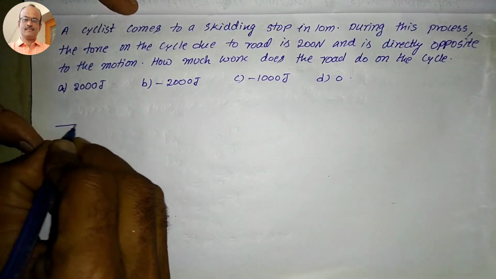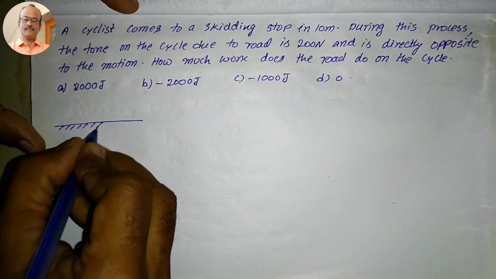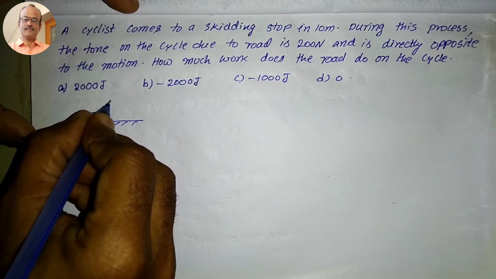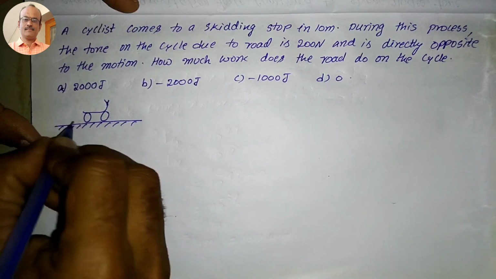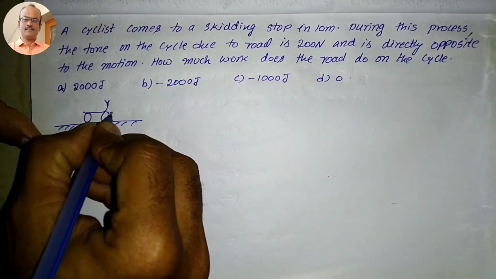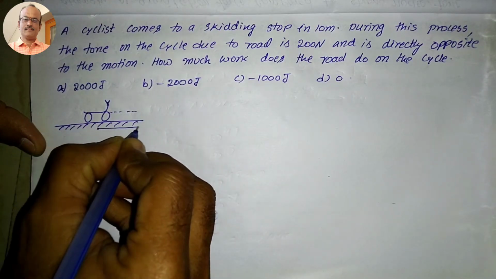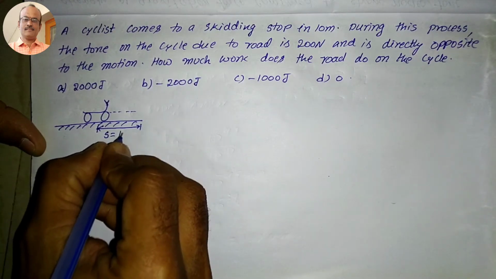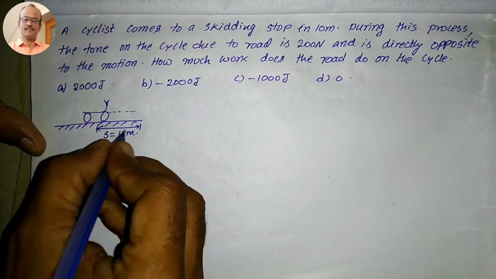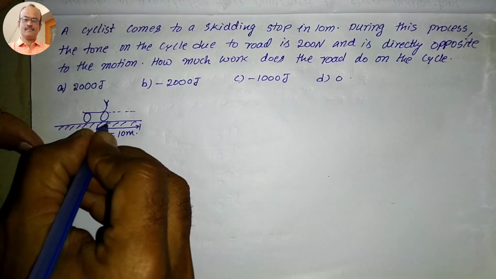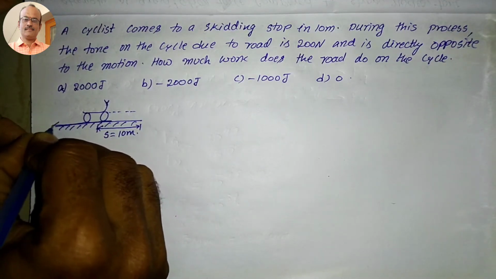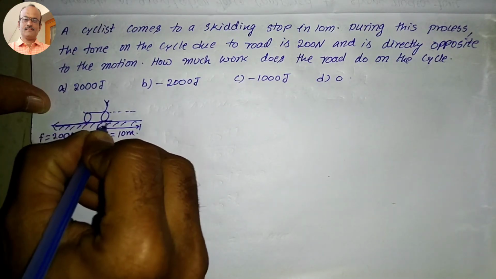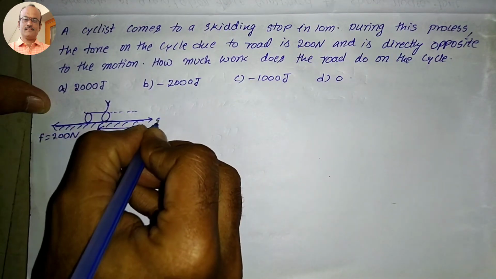So first of all, here this is the road, and here there is a bicycle ridden by a person, and this is moving, and he has to take a stop up to a displacement of 10 meters, and there is a force acting opposite to the motion of the cycle. That force F is equal to 200 newtons, and the displacement is in this direction.